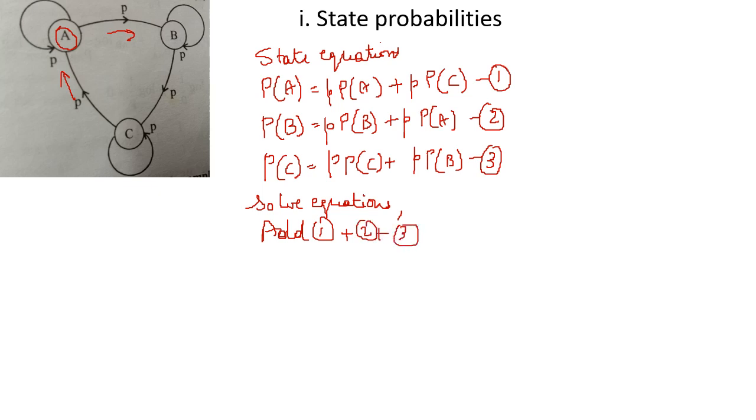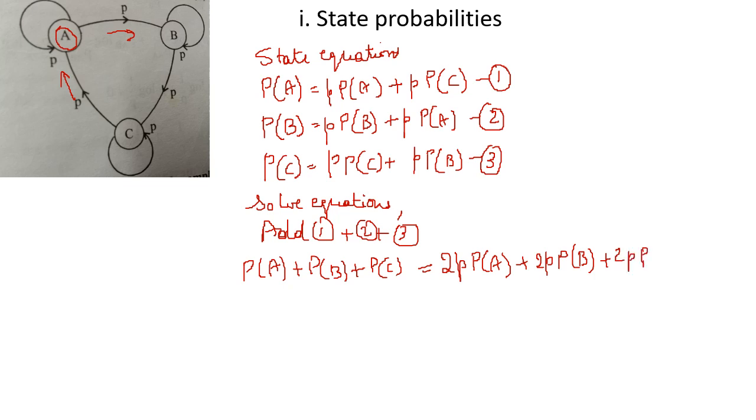On the left hand side we get P of A plus P of B plus P of C, which is equal to, on the right hand side, P into P of A plus P into P of A, which is 2 times P into P of A, plus similarly 2 into P of B plus 2 into P of C. So we can write this as 2P common, times P of A plus P of B plus P of C. But we know that the summation of all the probabilities should be equal to 1.